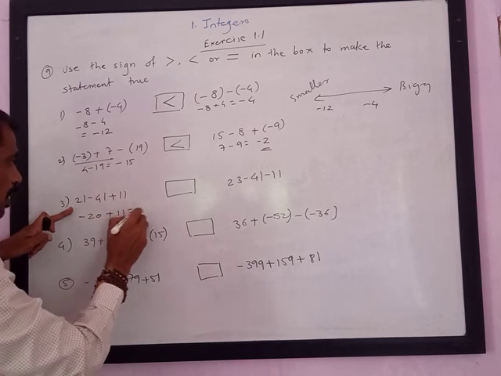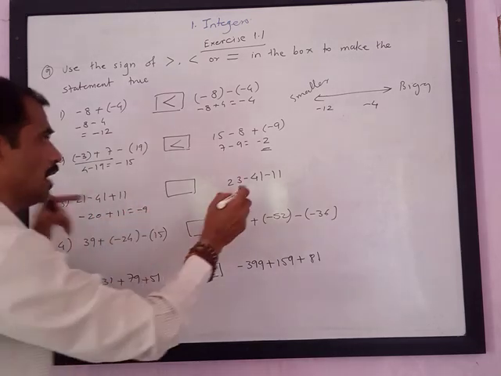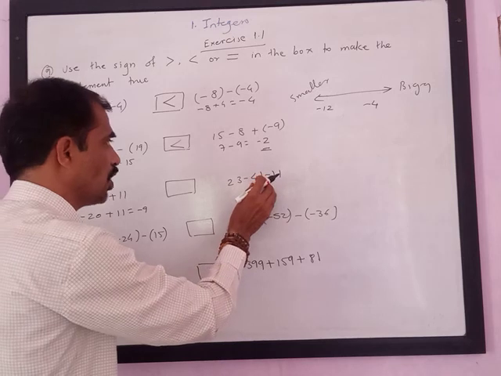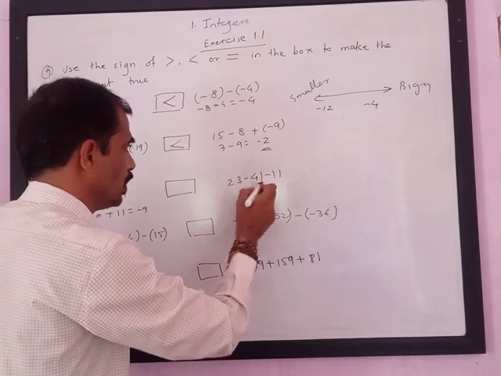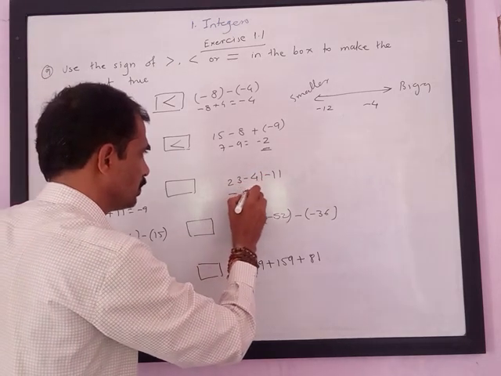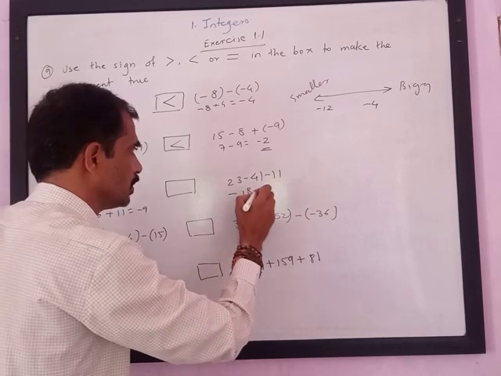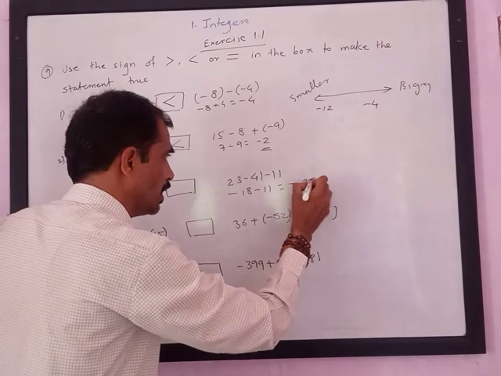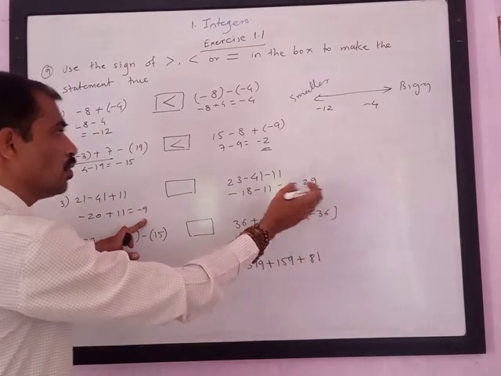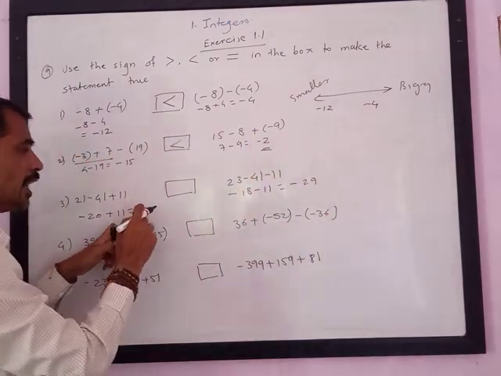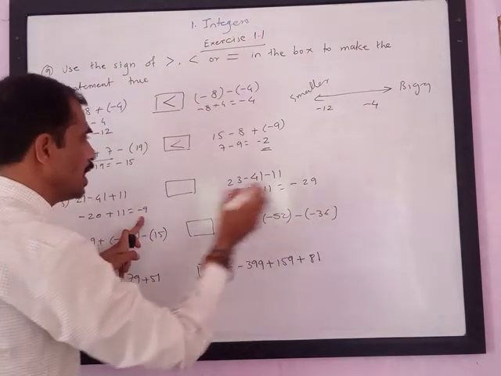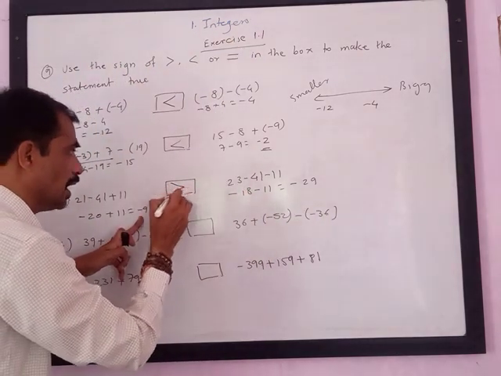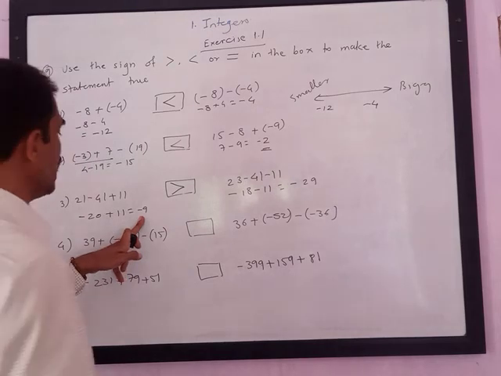Now this is equal to minus 9. And 23 minus 41 is equal to negative 18, minus 11 that is equal to minus 29. Please note here, negative 29 will be to the left side and negative 9 will be to the right side. It means negative 9 is bigger and negative 29 is smaller.